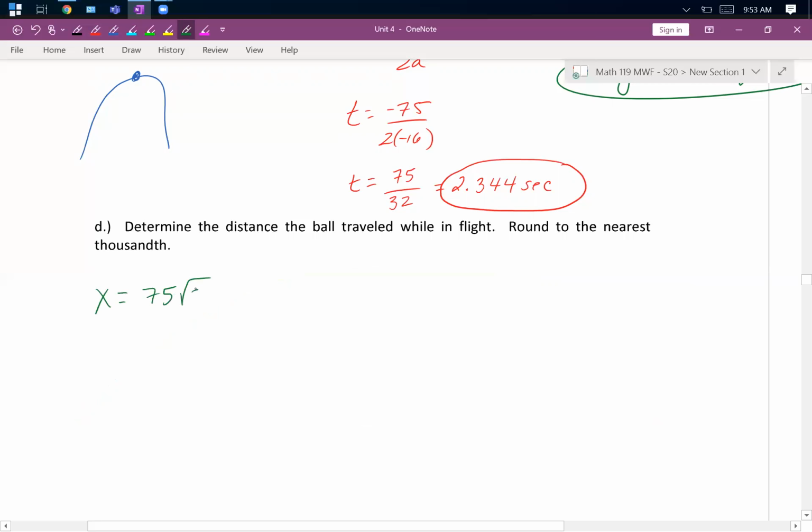Just 75 square root of 3 times t. All right, well, I'm trying to find x, so that means I need some kind of t to plug in here. What t should I plug in?